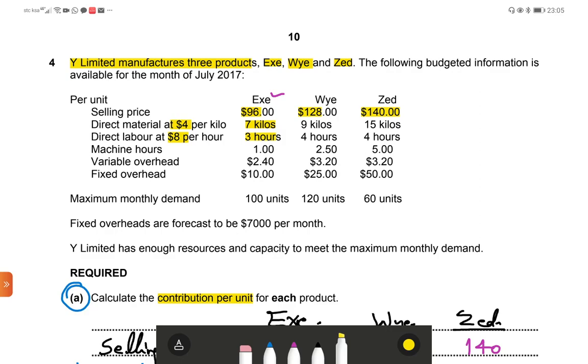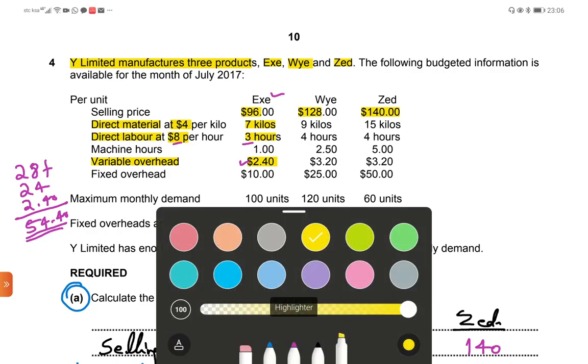Then variable overhead 2.40. So 4 multiply 7 is equal to 28 plus 8 multiply 3 is equal to 24 plus 2.40 is equal to 54.40.